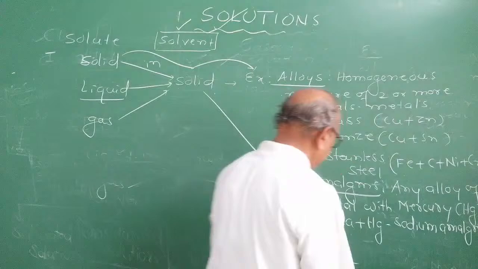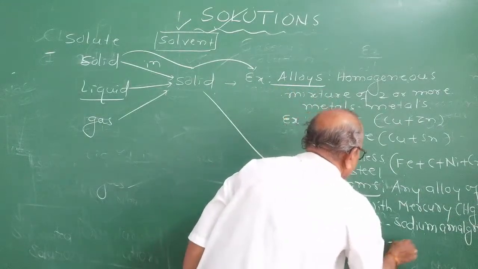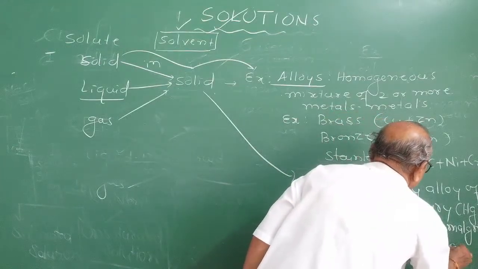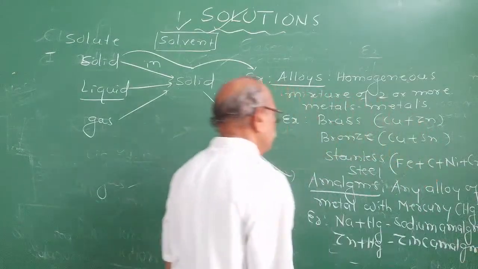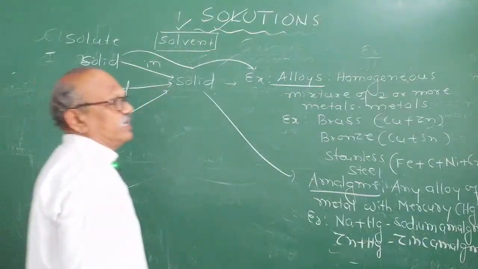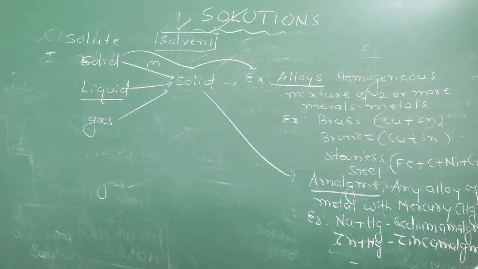When you mix zinc with mercury, it is called zinc amalgam. Remember this word, amalgam. Then gas in solid. Yes. What are the examples of gas in solid?